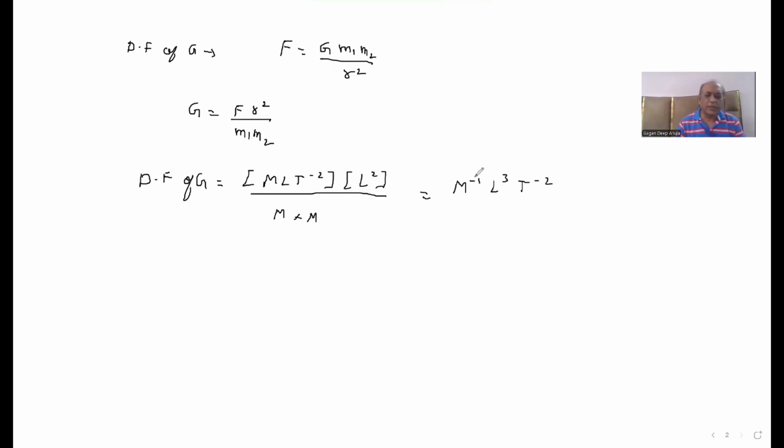So what are the important characteristics of gravitational forces? Gravitational forces exist between all the objects in the universe.